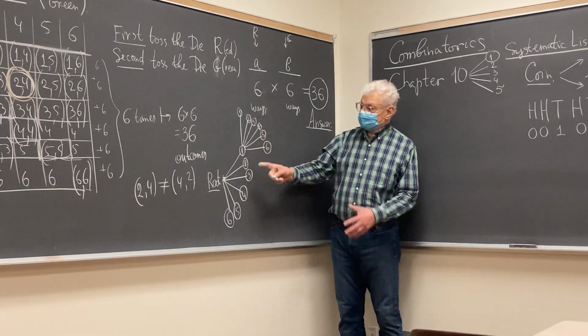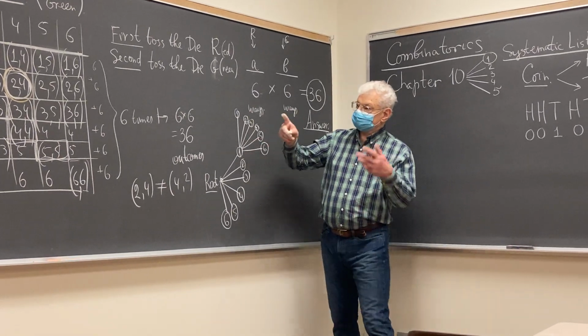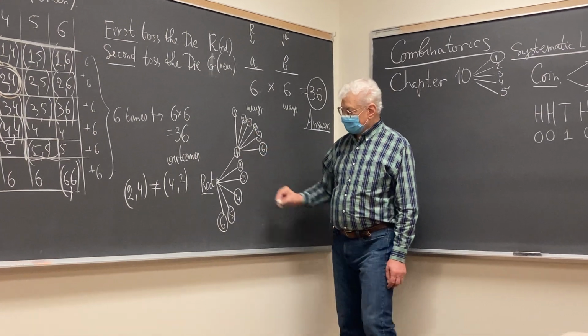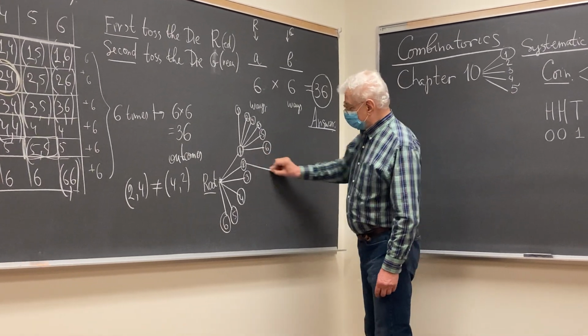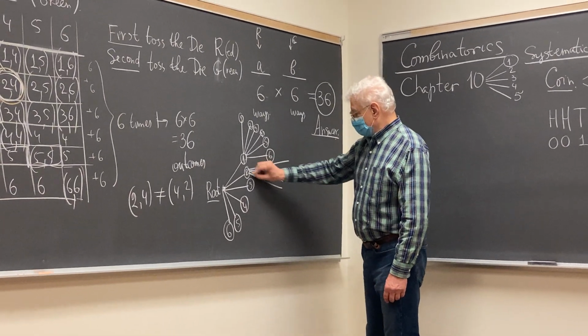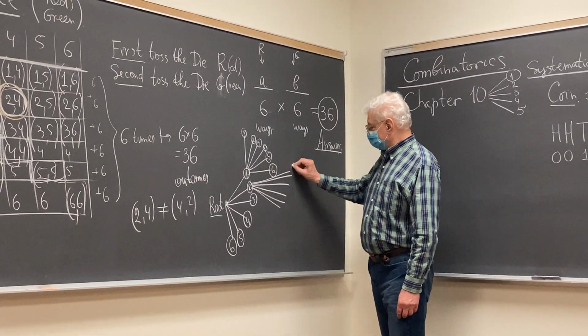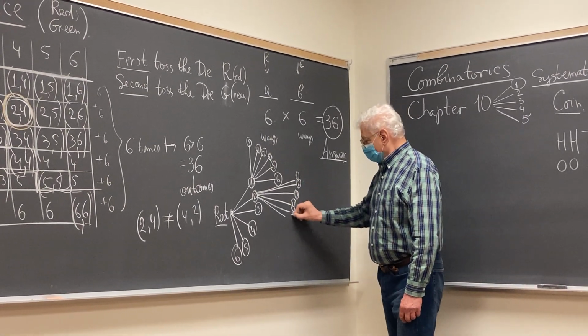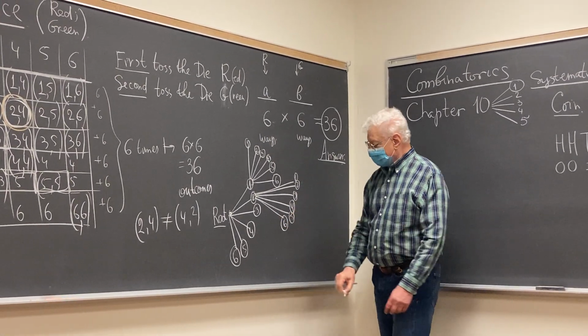So here are the pairs 1, 1, 1, 2, 1, 3, and so on, 1, 6. Now you do the same with 2. You have to draw 6 different segments, and also write 1, 2, 3, 4, 5, 6. And so on.